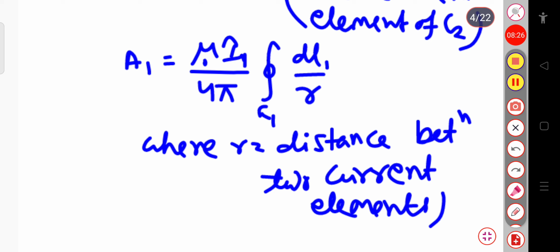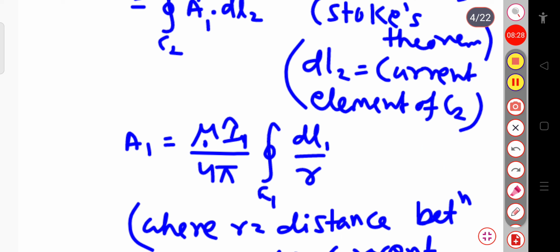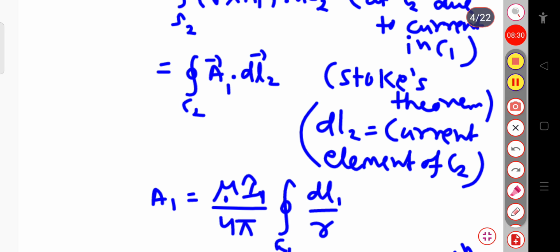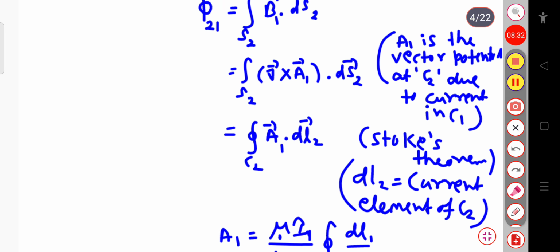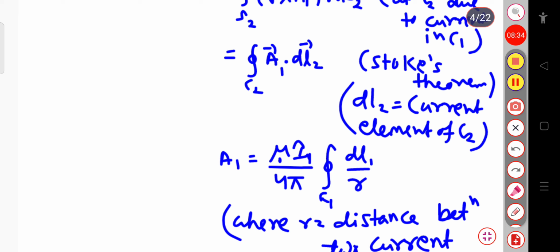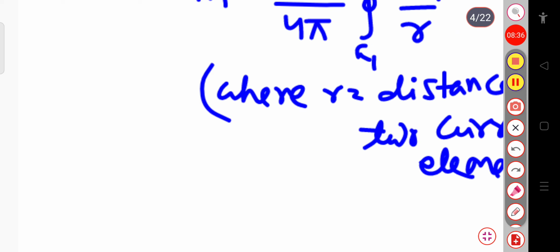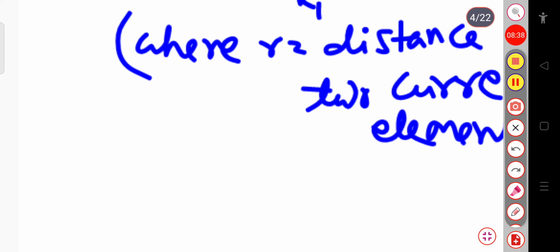Now we can write phi 1 equal to the integral over C2 of A1 dot dl.